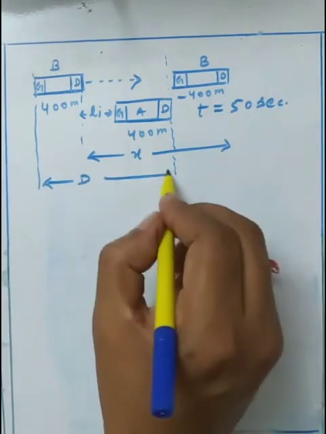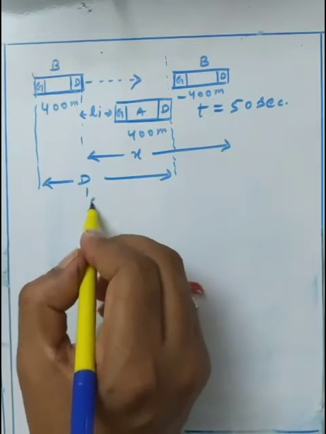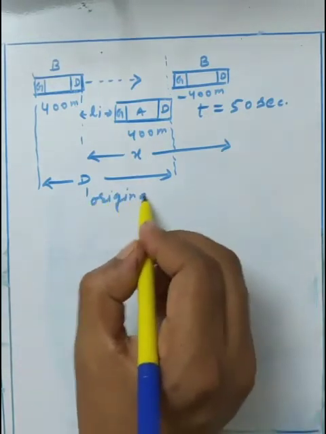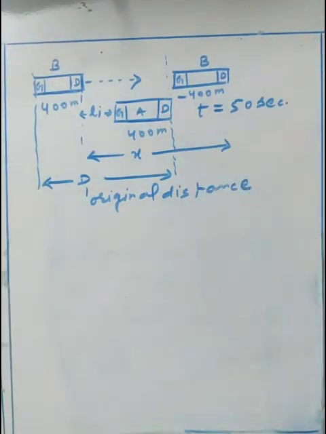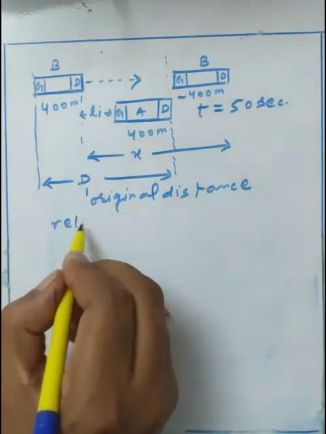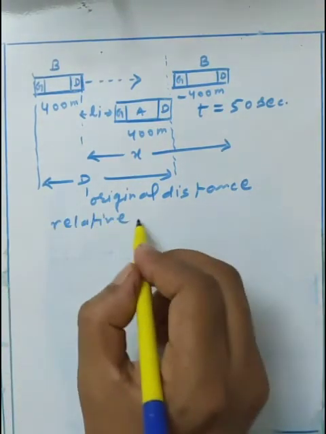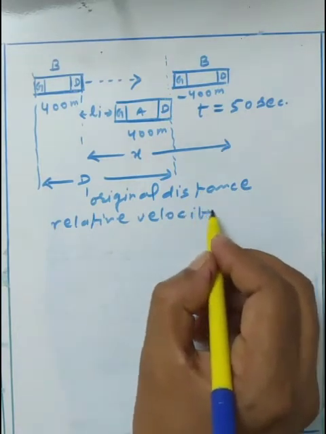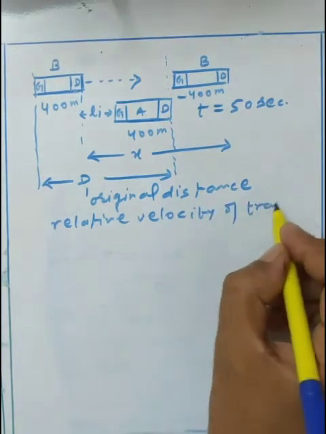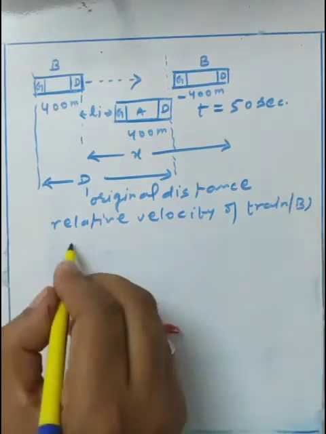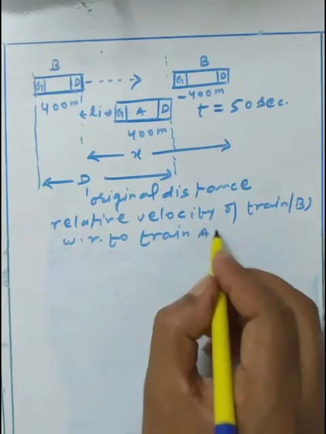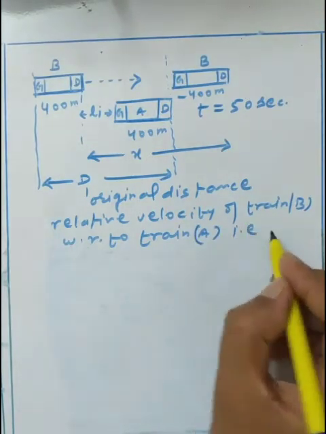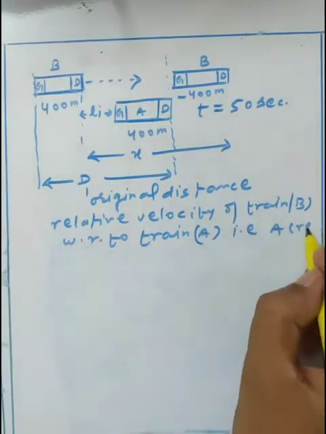So this is the original distance. How can we find it? We are assuming the relative velocity of train B with respect to train A, where we assume A is at rest.